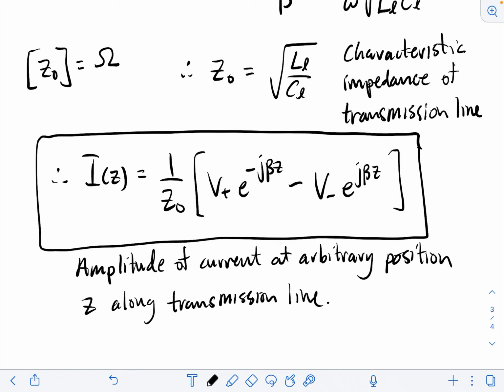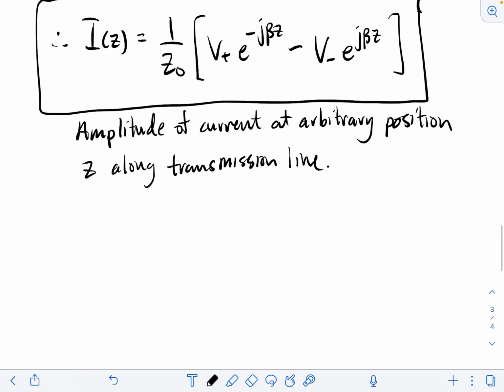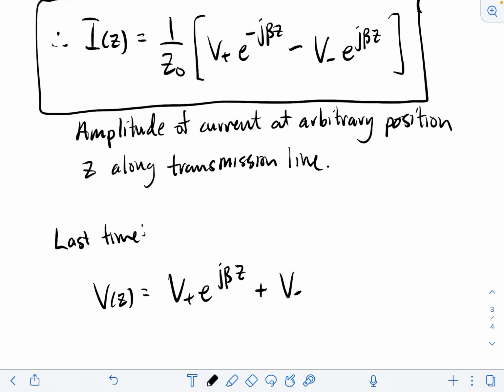And so you could compare this to the voltage amplitude that we calculated last time. Last time, we determined from the solution of the wave equation that the voltage amplitude at an arbitrary position z looked similar. It didn't have the coefficient out front, and it had a positive sign between the two terms. Otherwise, it was the same.